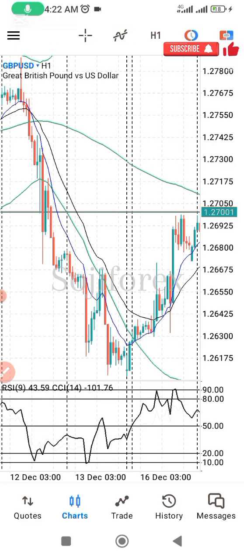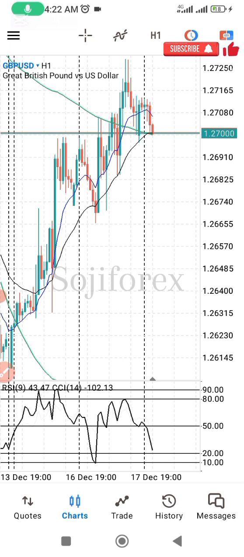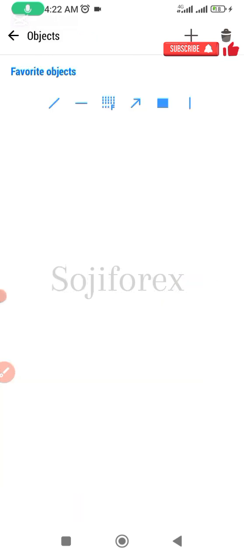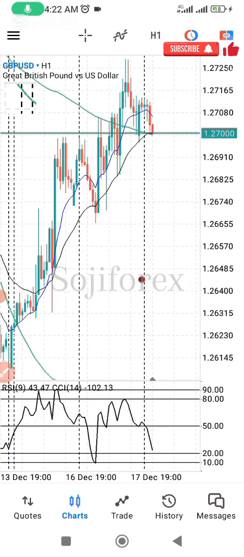Now I want to talk basically only on this Bollinger Band. It is important for you to know that Bollinger Band serves as your dynamic support and resistance, and as such, this Bollinger Band helps you to predict the directional bias of the market.